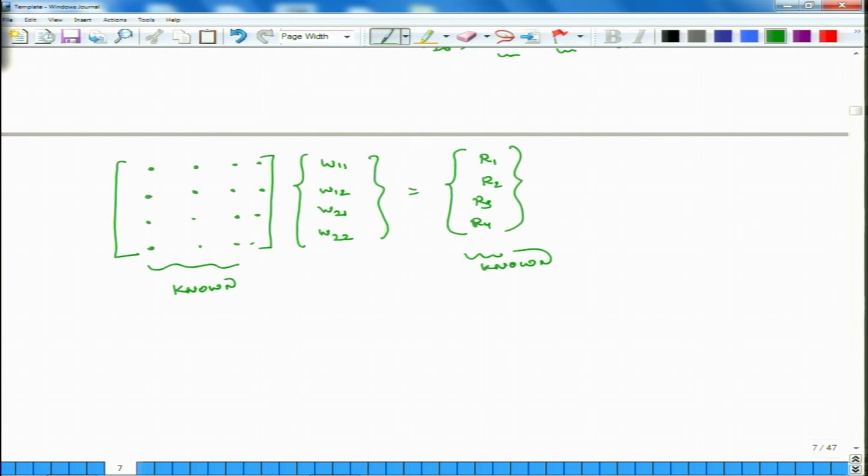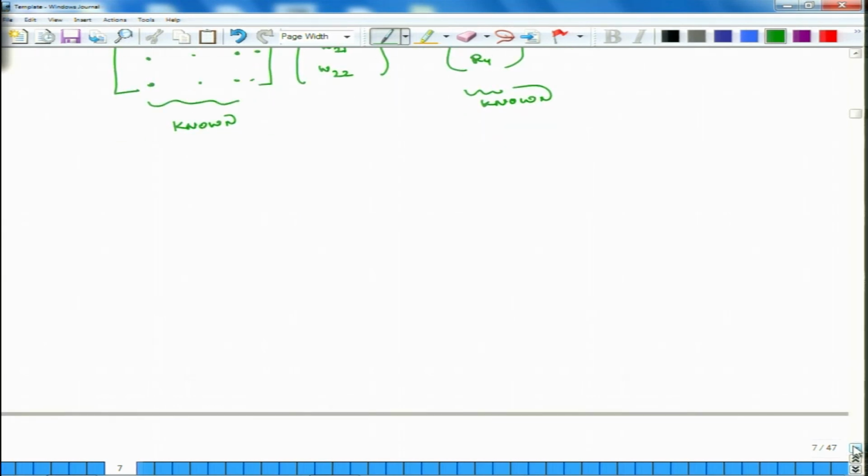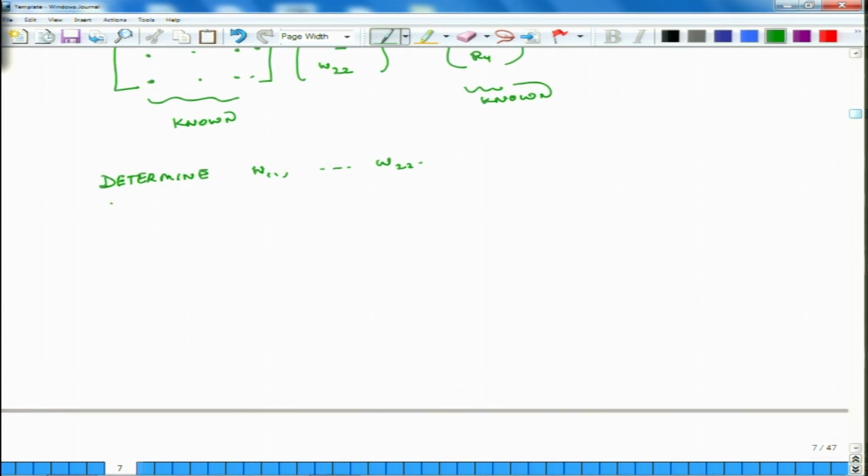So, 4 by 4 matrix, everything is known except the W's. So, using this 4 by 4 matrix we can determine W11 till W22. Suppose we had a 3 term solution, then we would have gotten a 9 by 9 matrix. So, we can find out W11, W12, W22 and so on and so forth.